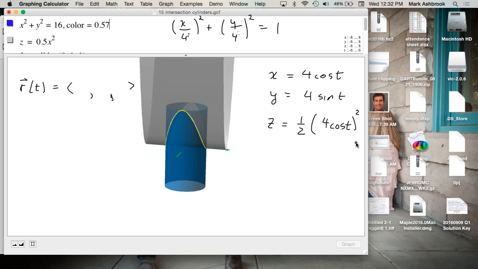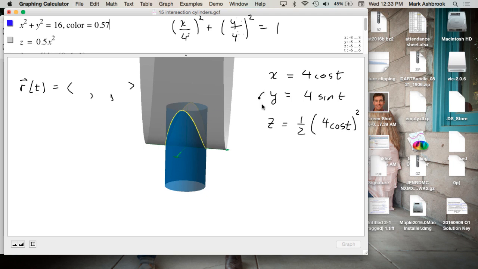So is it a parabola? Well, we'd have to put y and z together, right? And then use some trig identities to eliminate cosine or sine, to see if you actually get z is something times y squared. We won't take the time to do that. But does that make sense?